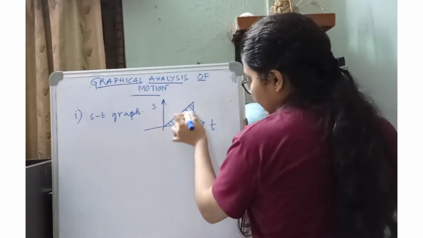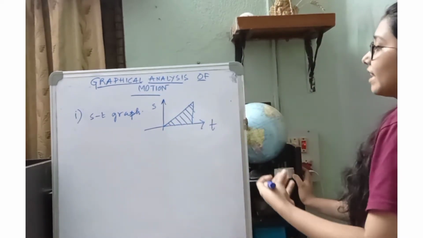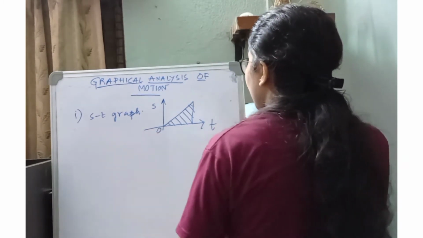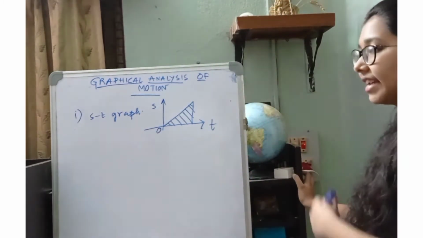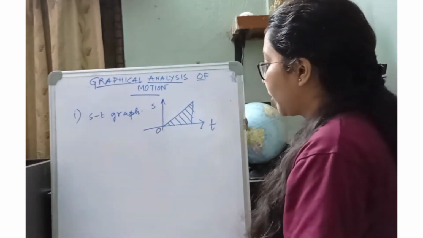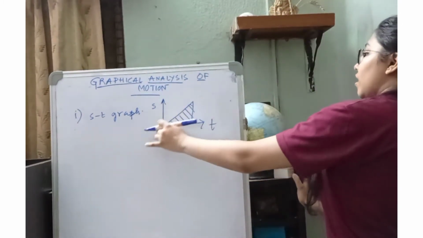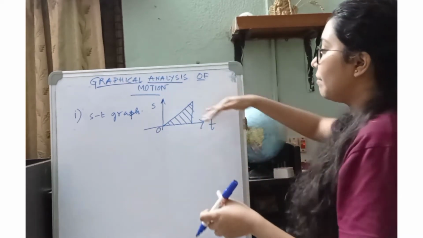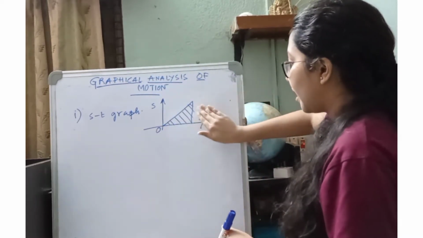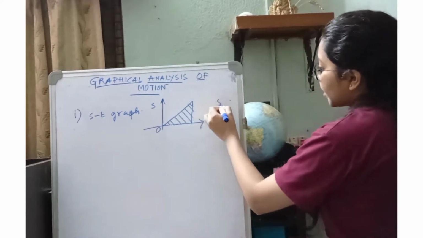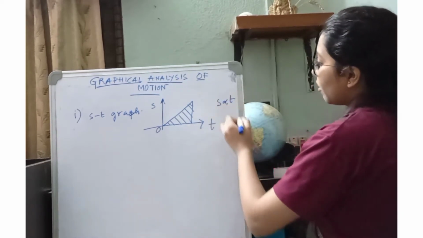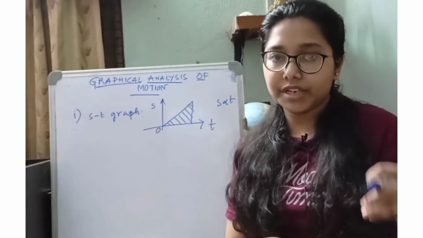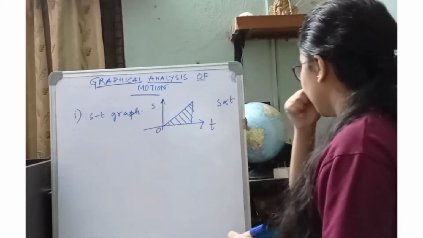That the distance is constantly increasing with respect to time. Maybe the distance is from the origin, and it is constantly increasing with respect to time, because it is a curve in the upward form, and most importantly because it is linear, meaning S is proportional to T in this particular graph. So the distance is linearly increasing with respect to time from the origin position.